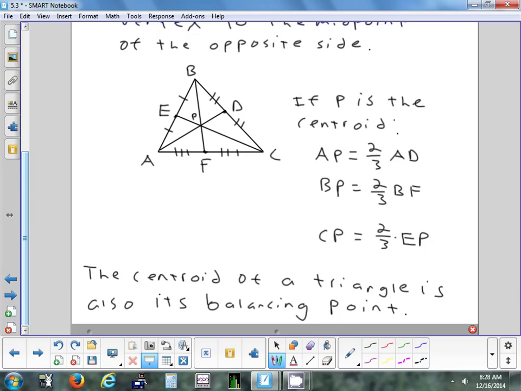So it's not like part of the triangle is made out of heavier stuff on one side and part of the triangle is lighter. It's a uniform material, like a piece of paper. It's uniform thickness, uniform density, pretty much the same material throughout. If you made it out of a material that wasn't uniform, that was heavier on one side than the other, then the centroid might not be the balancing point. But that's what the centroid is. It's the balancing point.